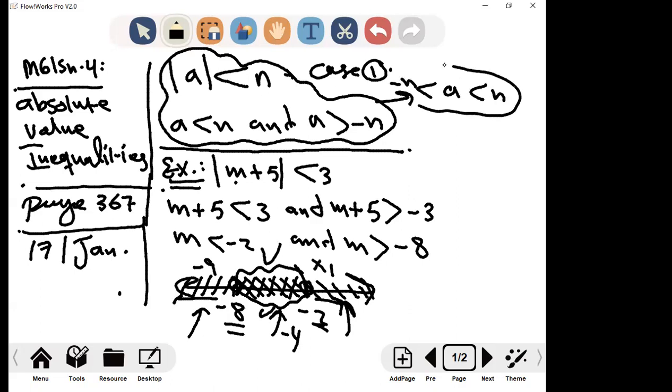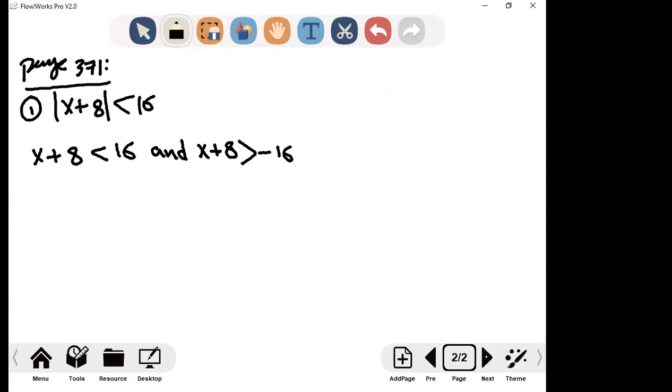This is the same as that. So if the absolute value of A is less than n, then A is between negative n and n. What I wrote here is the same: x plus 8 is between the same number and negative the number.